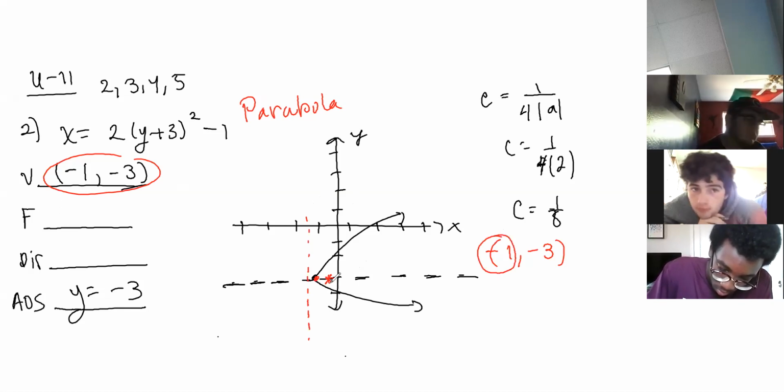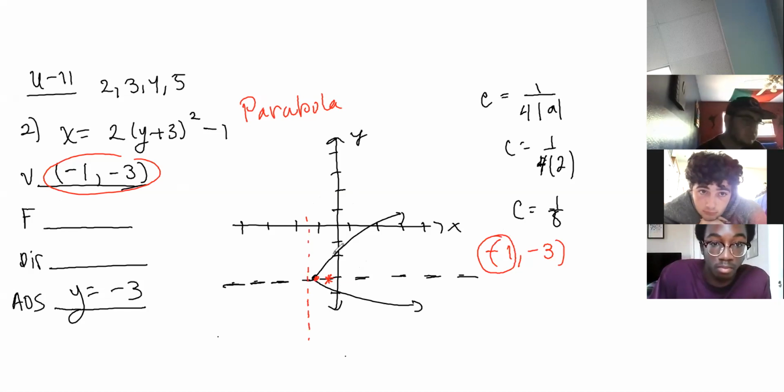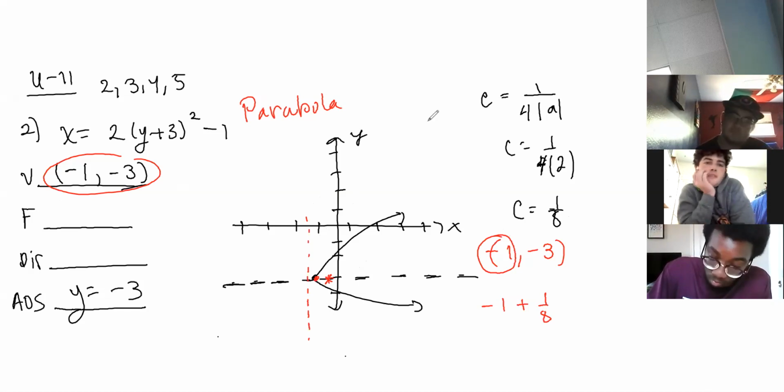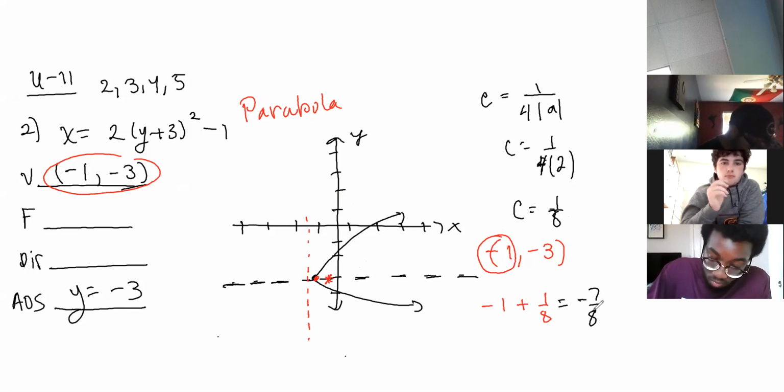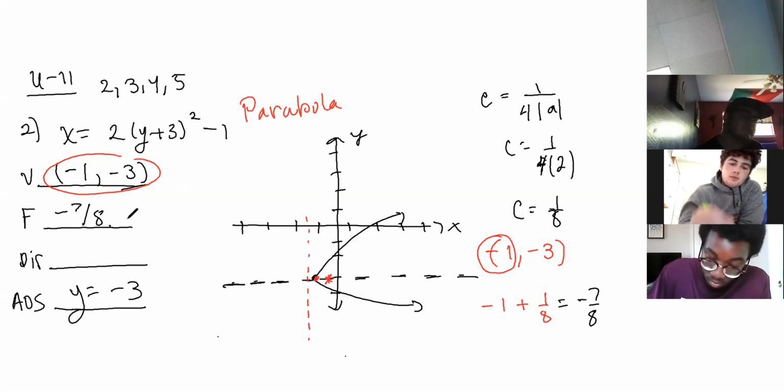Let's do the focus first. If I'm at -1 and I move right 1/8, that would be -1 plus 1/8. It would be -7/8. So what would this point then be? -7/8, comma what? -3. Right, because the y value did not change.